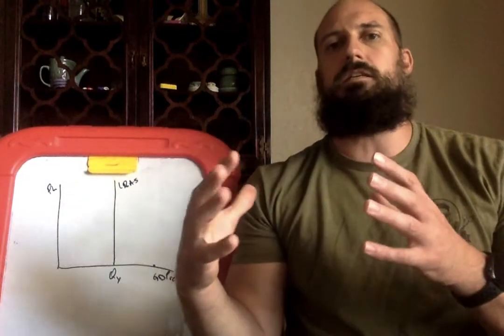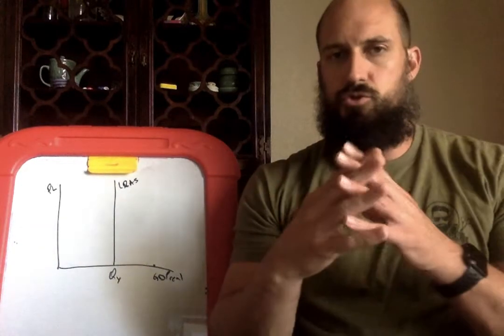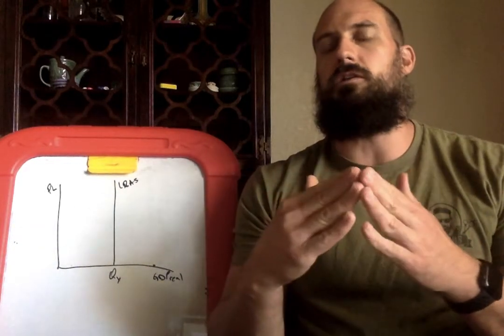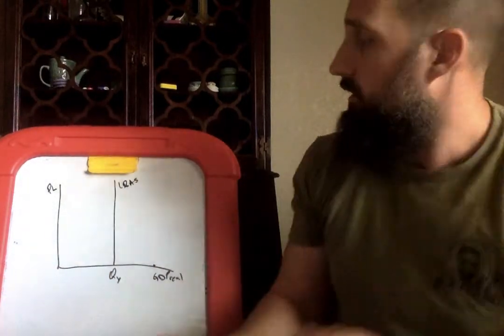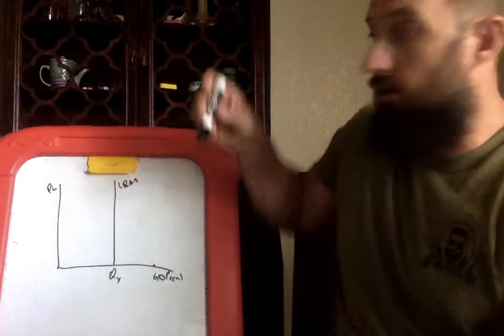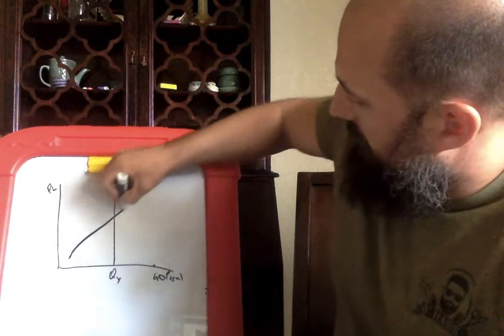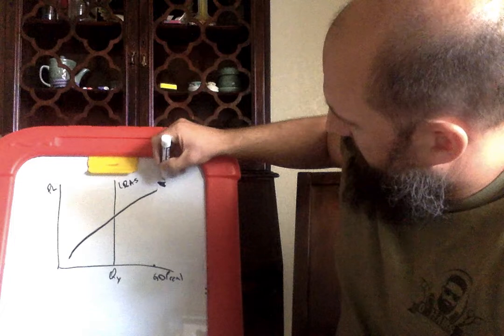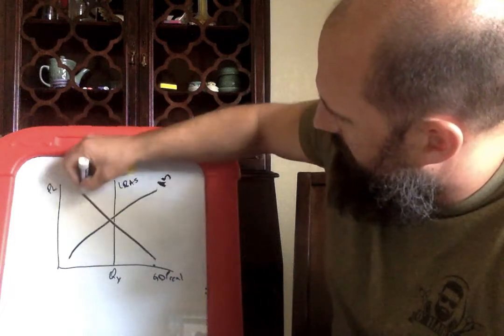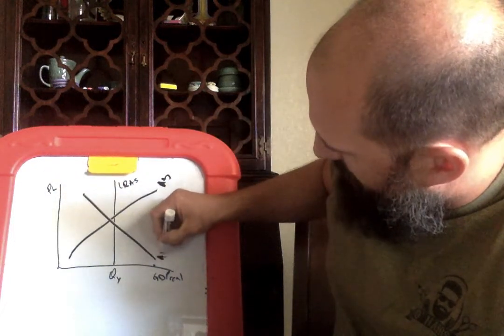All right, so we've talked about AD, and we've talked about AS. We want to put those two together with the long-run aggregate supply curve and see what all that looks like on our graph. Now, remember that we have here our long-run aggregate supply curve. We're going to add in an aggregate supply curve, and we're going to add in an aggregate demand curve.